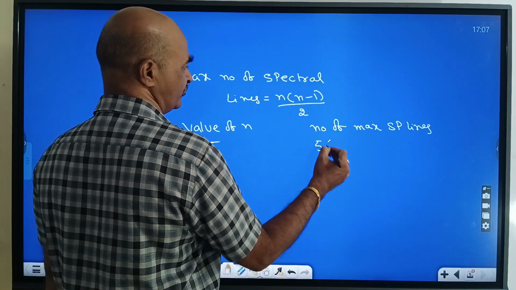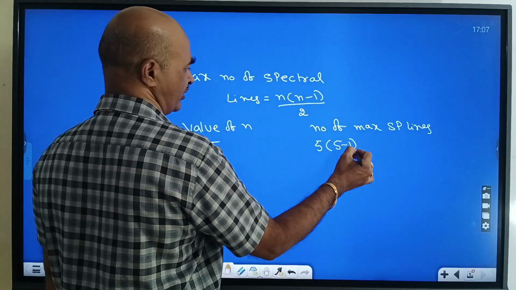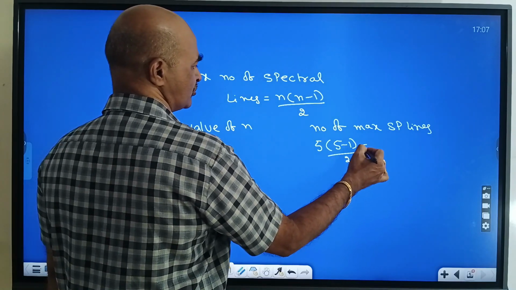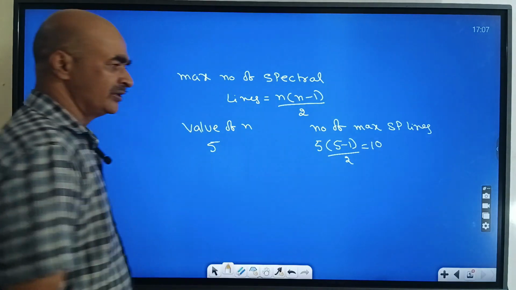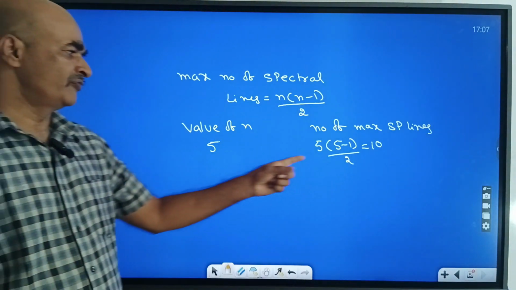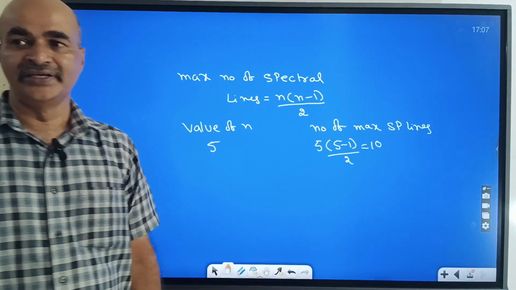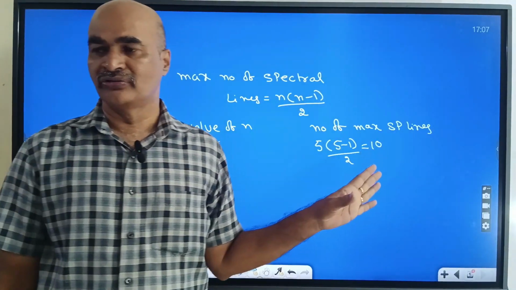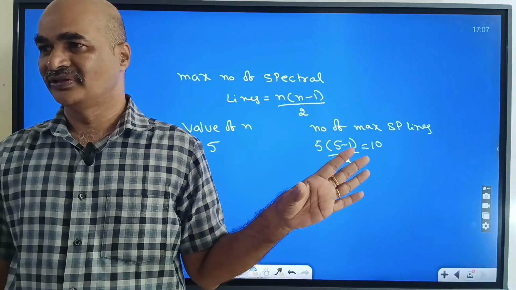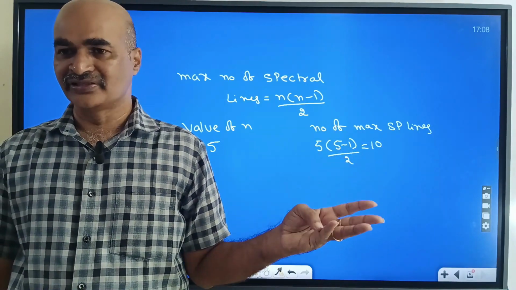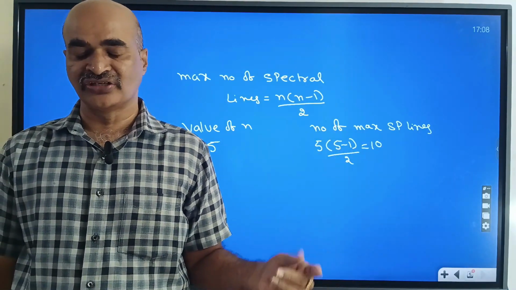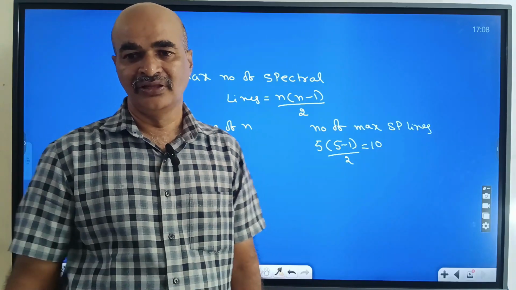Therefore, 5 into 5 minus 1 divided by 2, so the number of spectral lines is 10. These 10 spectral lines belong to various series: Lyman series, Balmer series, Paschen, Brackett series.